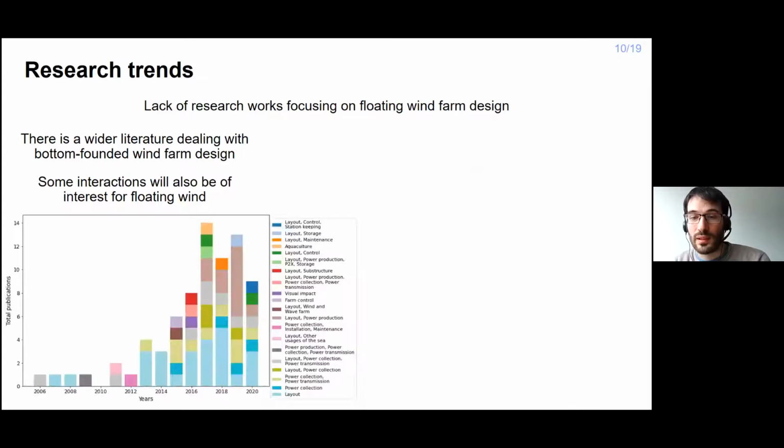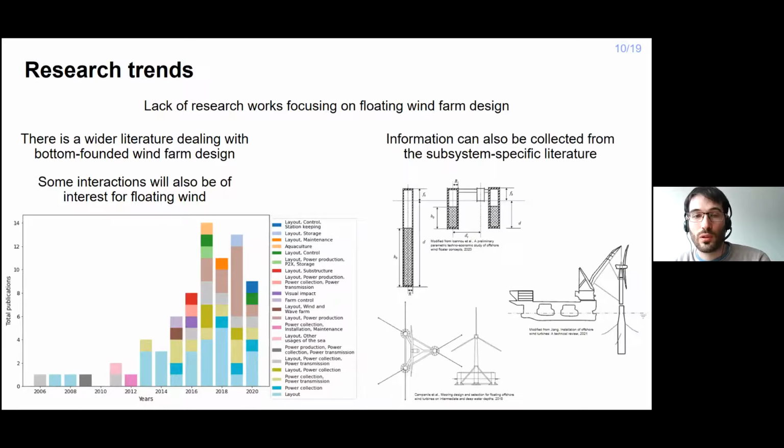This allowed us to obtain a database of about 100 journal publications and also to identify relevant areas of interest related to the design of offshore wind farms that can also be applicable to floating wind. Also, other information can be collected from the subsystem-specific literature, which is far wider, as I mentioned.